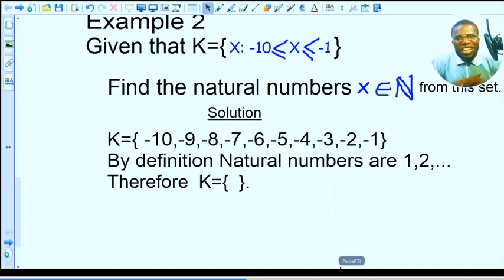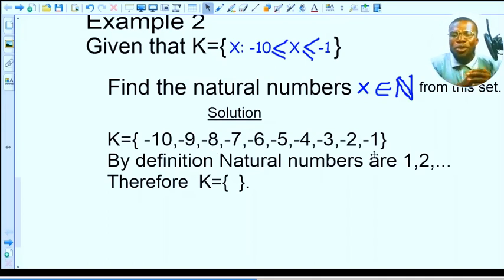Okay, now let us see the solution of example 2. I have tried to list all the numbers between negative 10 and negative 1, that is negative 10, negative 9, negative 8, up to negative 1.